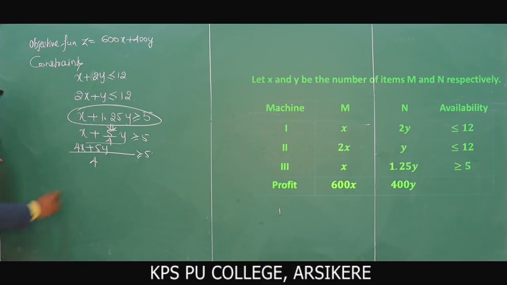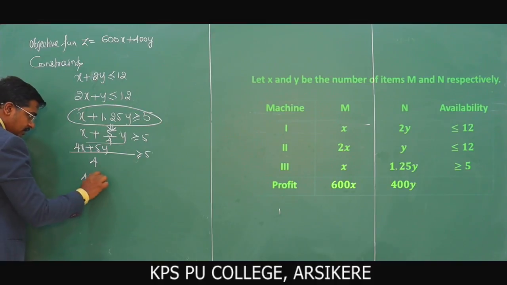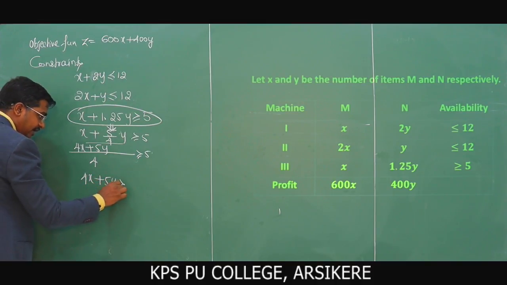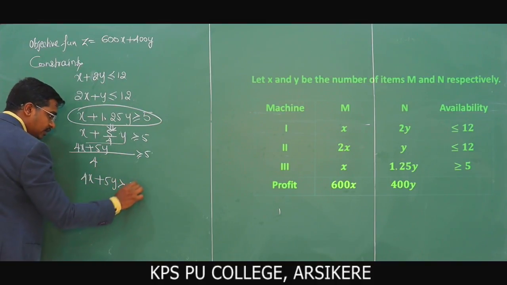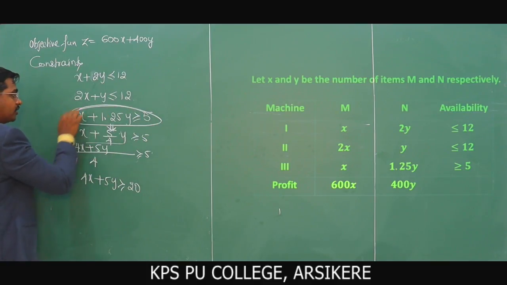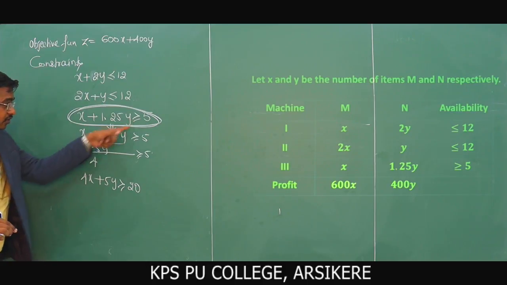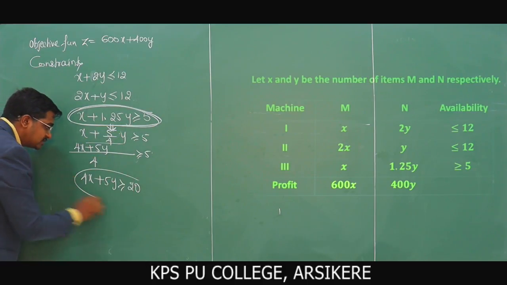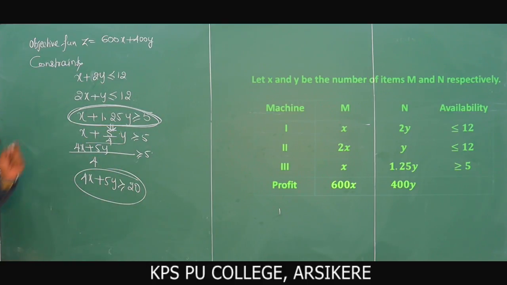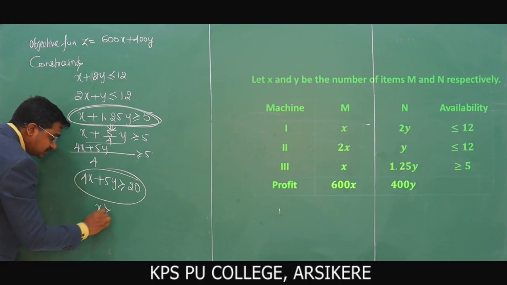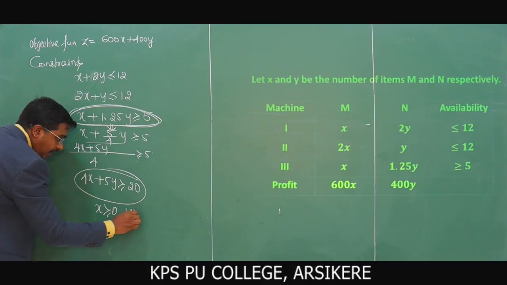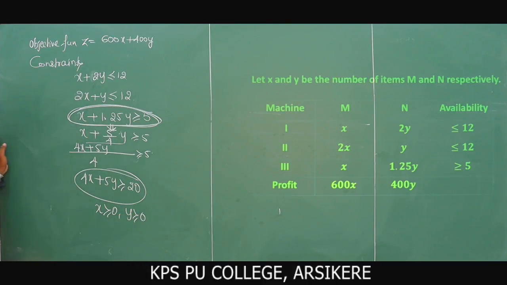Now take the cross multiplication: 4x plus 5y greater than or equal to 4 fives are 20. So the entire constraint x plus 1.25y greater than or equal to 5 is replaced by 4x plus 5y greater than or equal to 20. Is it clear? Next, what are the non-negative conditions here? x greater than or equal to 0 and y greater than or equal to 0.